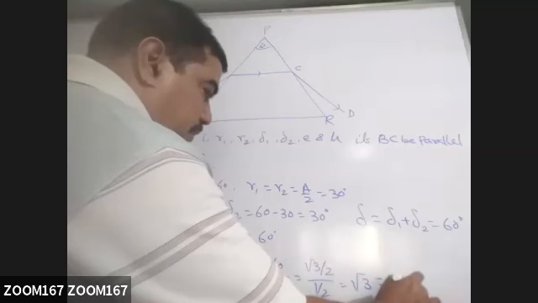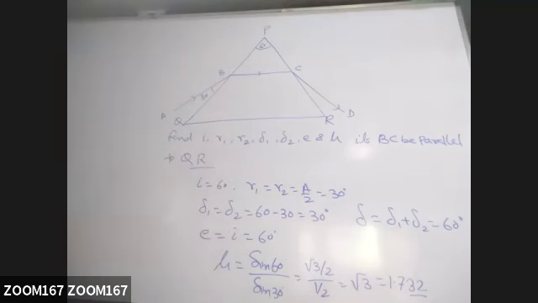So 1.73 is the refractive index of material of prism.